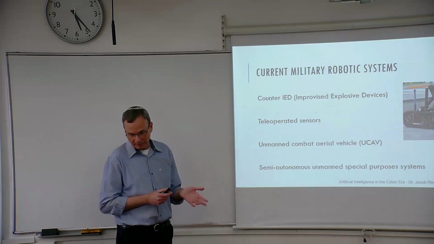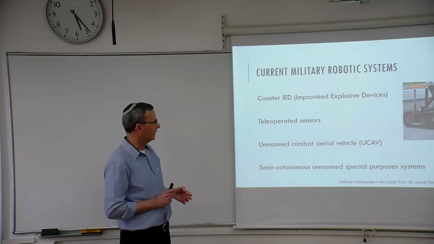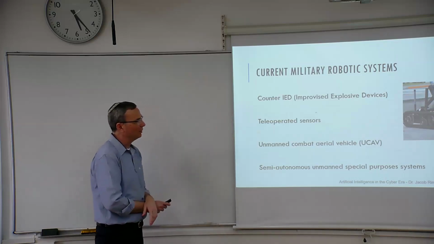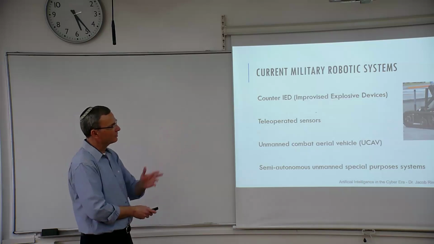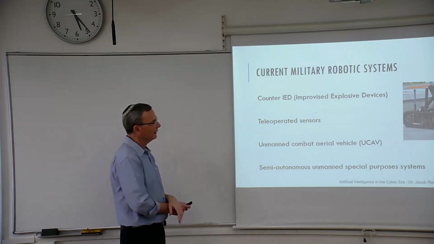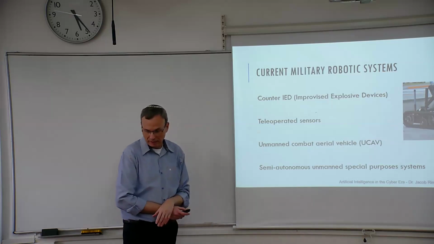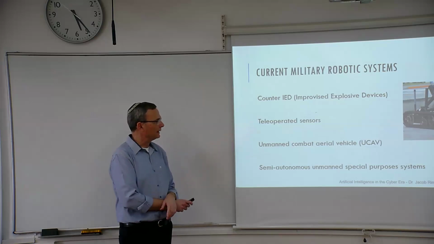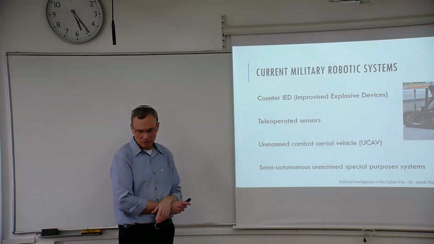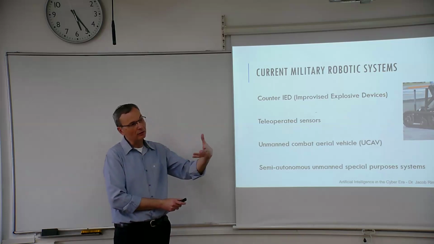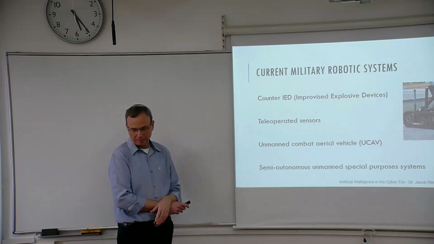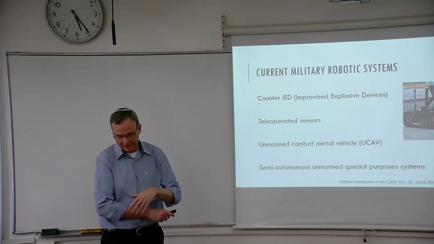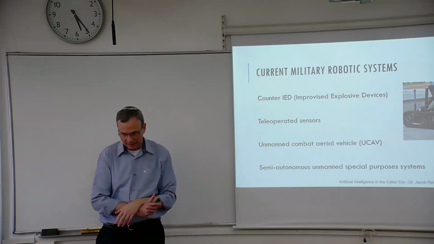There are current robots in use for military purposes. Of course, you all know the counter-IED robot, which is a very famous one. We have had this one for decades. This is not an autonomous robot. It is guided by a person. There are now teleoperated sensors, meaning robots that, again, are not autonomous. People can guide them, put them somewhere, and get some kind of sensing ahead of the forces.